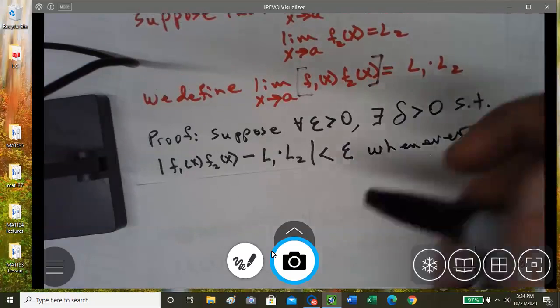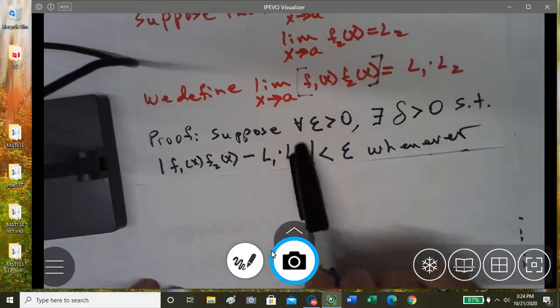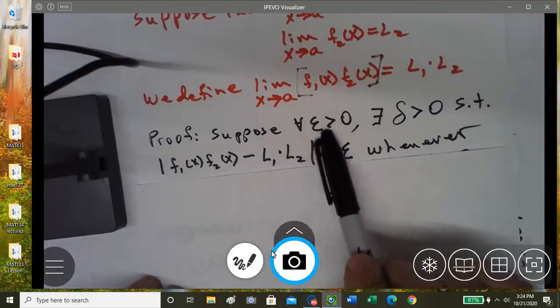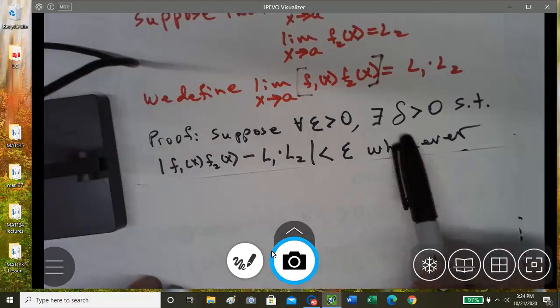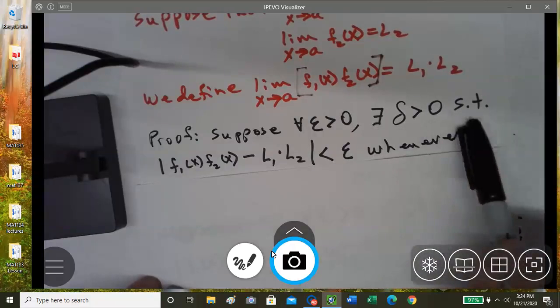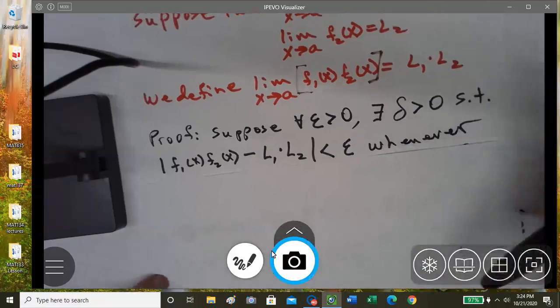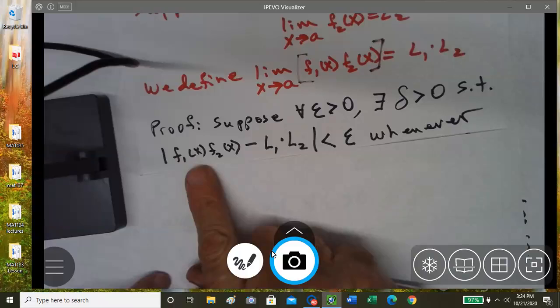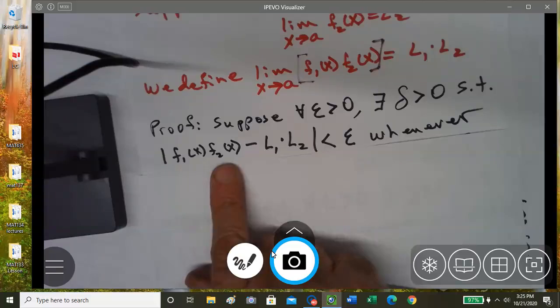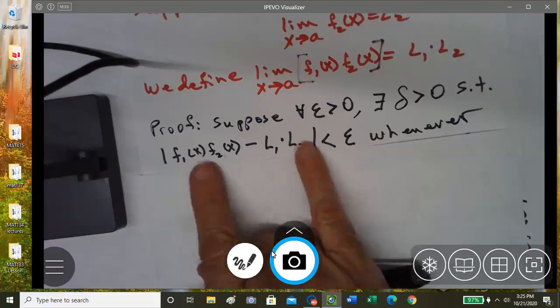Okay, so our proof is we're going to suppose that for all epsilon greater than 0, there exists a delta greater than 0 such that we have f1(x) times f2(x) minus L1 times L2.